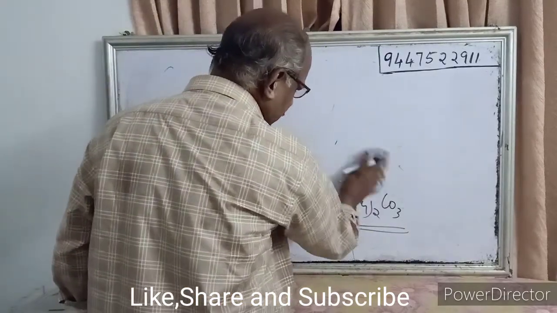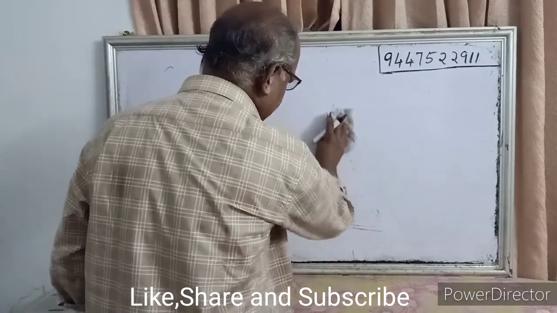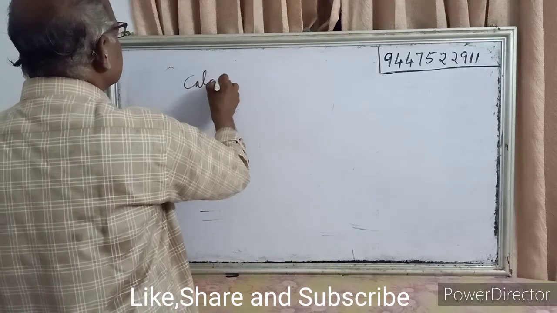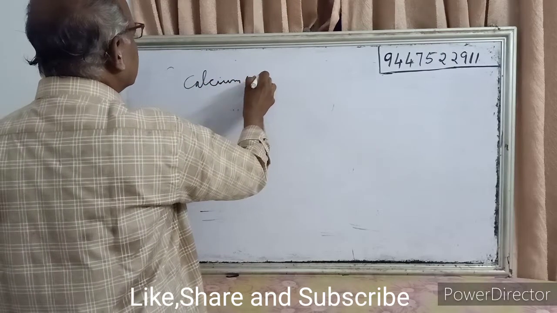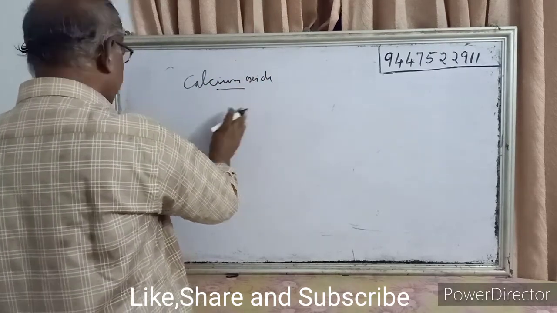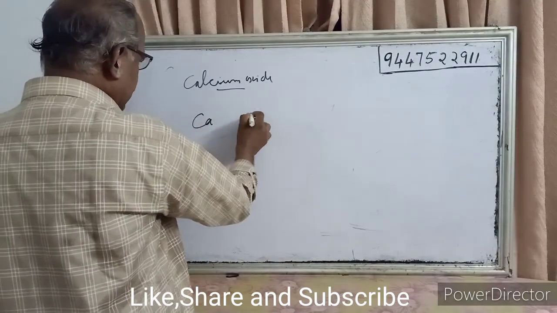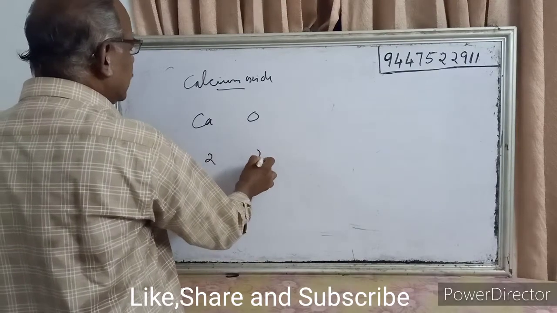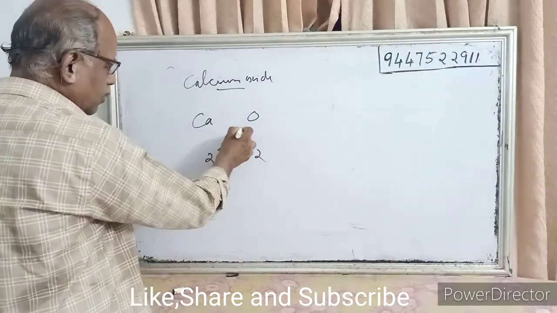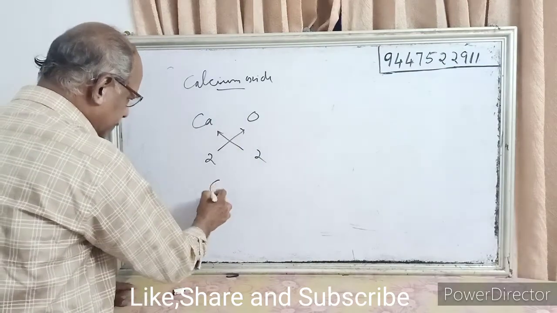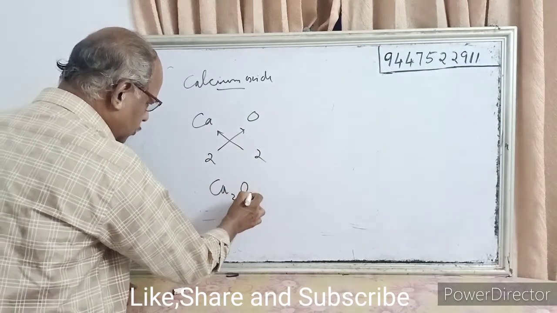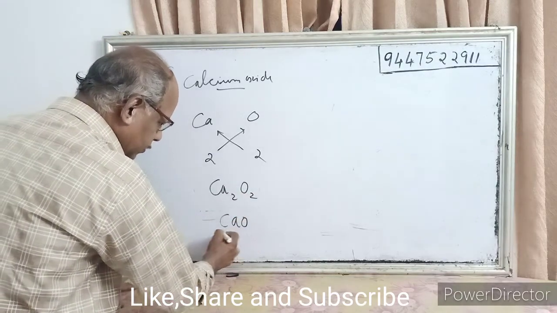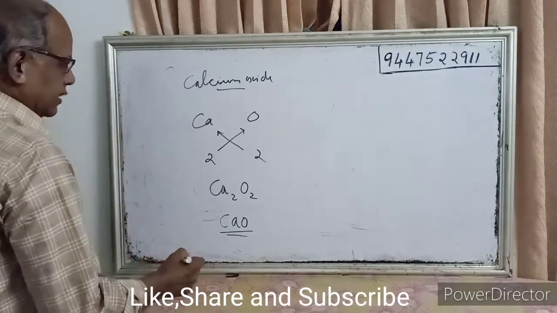First write the symbol for calcium, then oxygen for oxide. Calcium valency is 2, oxygen valency is 2. When you cross it, it becomes Ca2O2. You can simplify it by dividing by 2, and you get CaO, that is calcium oxide.